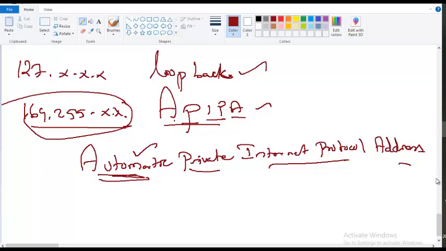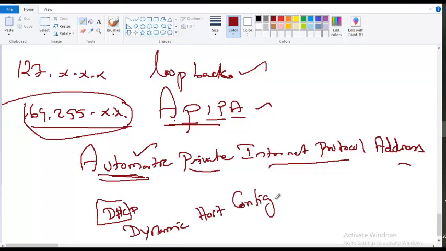Let me explain that. You see, you got a server, DHCP. DHCP stands for Dynamic Host Configuration Protocol.